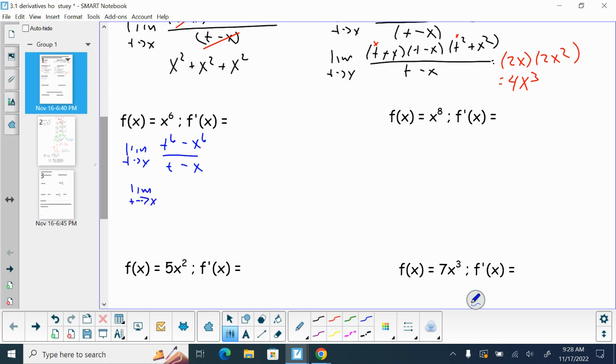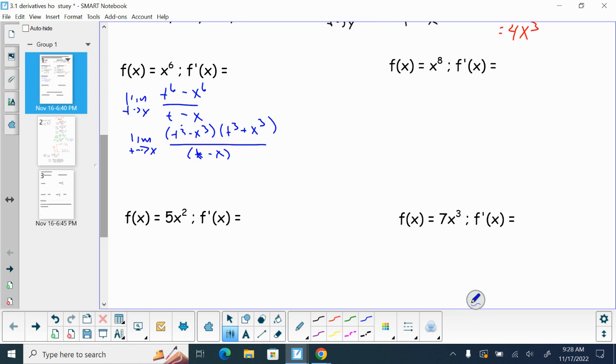T is approaching x. Let's see, how about t cubed minus x cubed, then we have a t cubed plus x cubed, and this is still over t minus x. Which we can now factor down as a difference of perfect cubes on top.